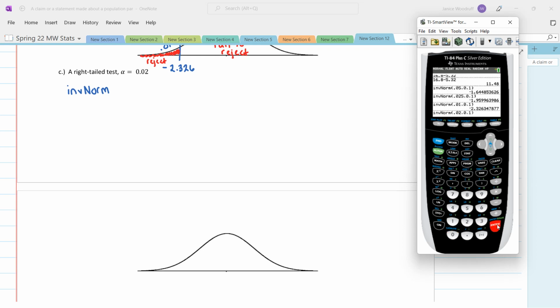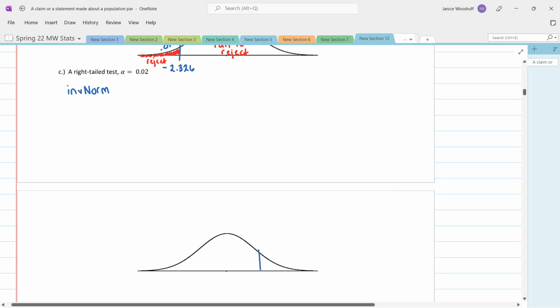Okay, you're going to get negative 2.05. But you say, oh wait, it's right-tailed, so it's just the positive value. So hopefully you notice that, but really you should be doing inverse norm area to the left, which would be 0.98, because you have 0.02 on the right. And then that would give you 2.054. So it's over here.